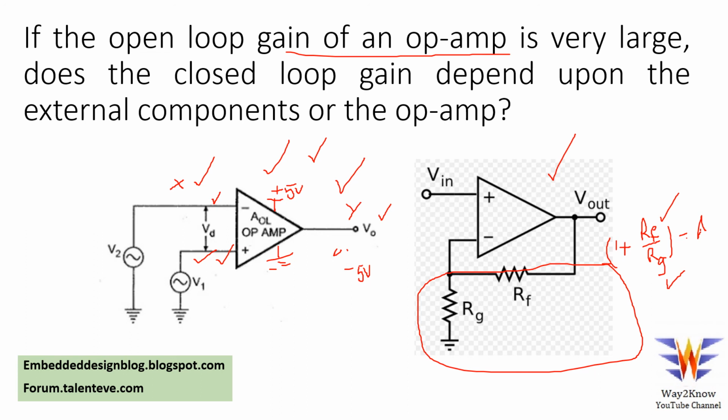Definitely it depends on the external components, because we are controlling the gain using 1 plus RF by RG. So by having negative feedback, and then having resistors such that we have the required gain, definitely the gain is dependent on the external resistors.